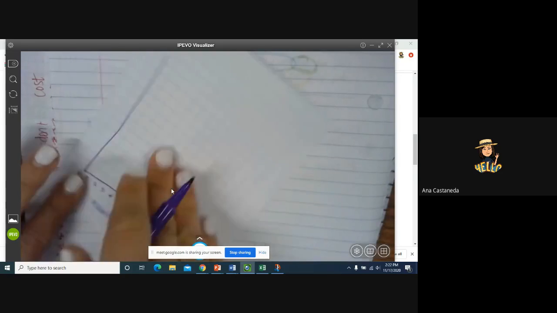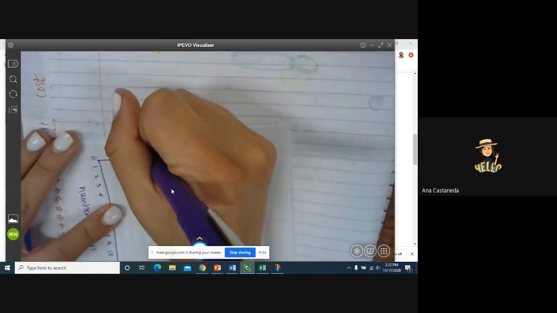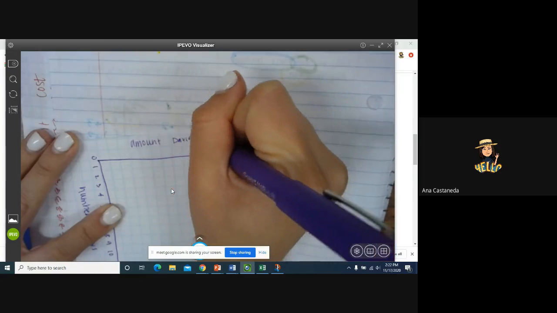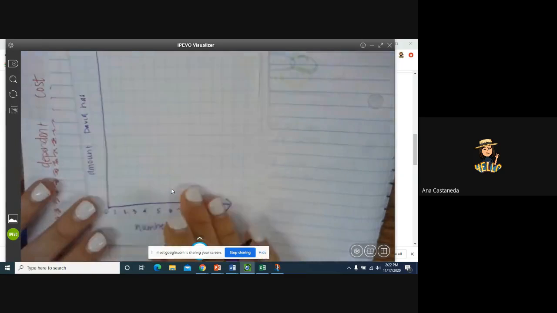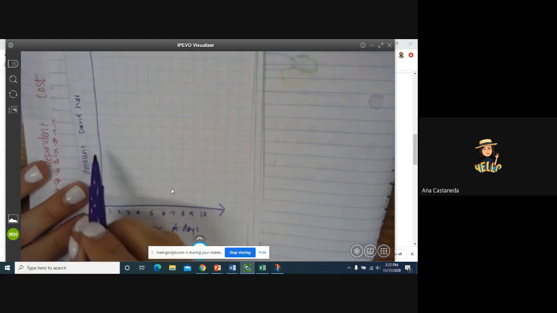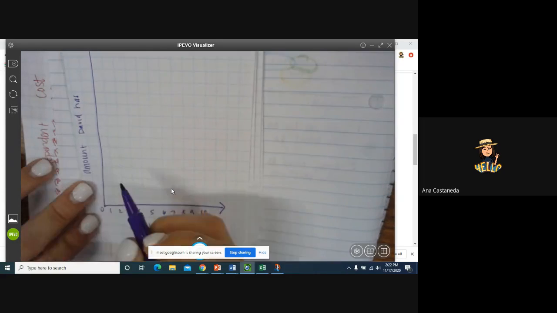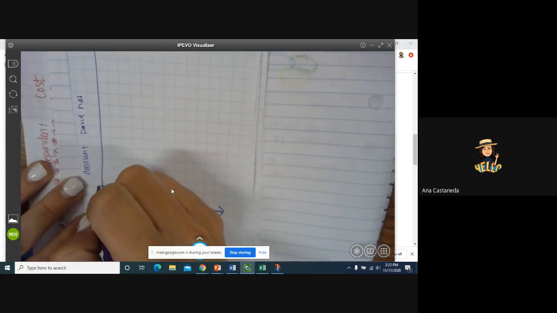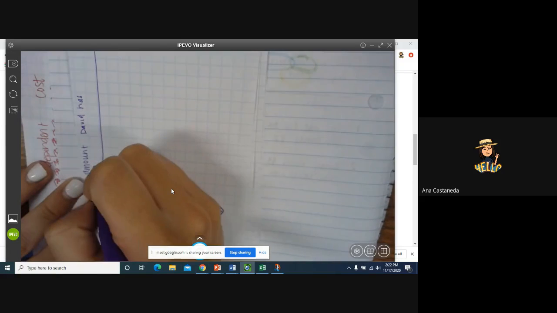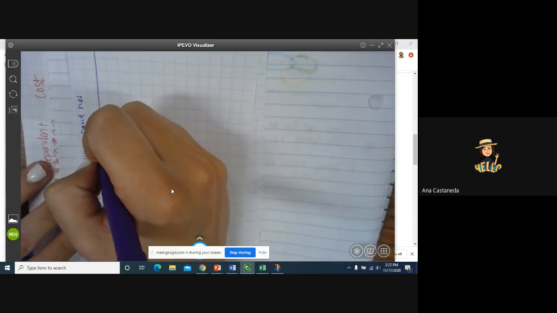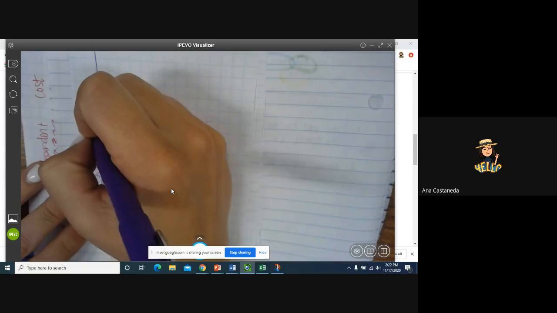And then this would be the amount he has. Now, if you look at the table, the biggest number is 60, so 60 has to fit. So I can't scale this by 1, because 60 is not going to fit. But it'll fit if I count by 5s. So that's what I'm going to do. I count by 5s.